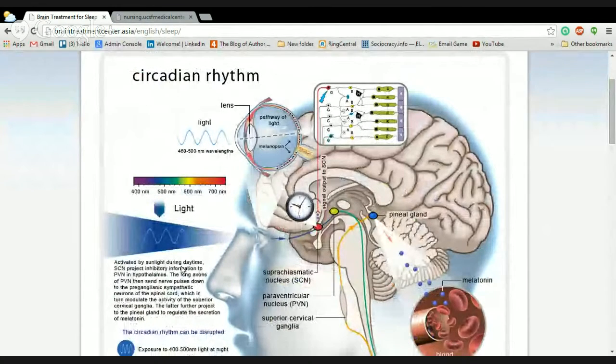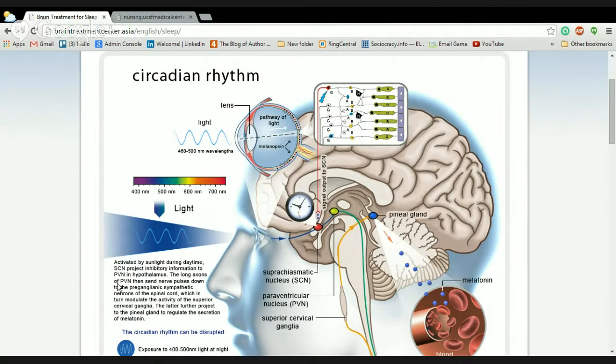activated by sunlight during daytime. So your circadian rhythm is activated by the sunlight during the daytime. This is what keeps you awake during the day and what makes you feel tired at night. So activated by sunlight during daytime, SCN projects inhibitory information to PVN in hypothalamus.